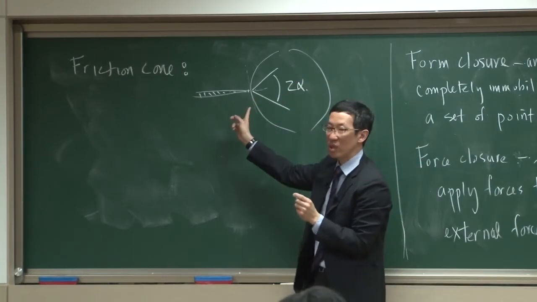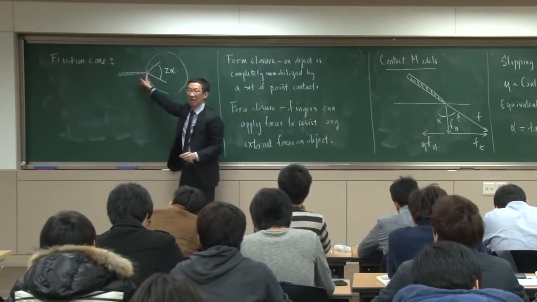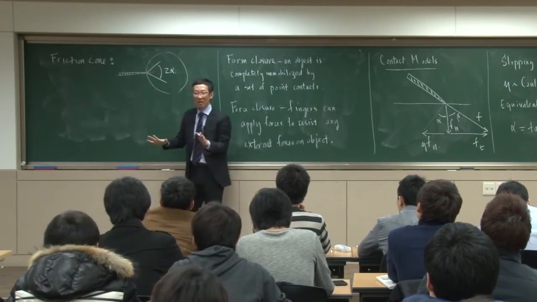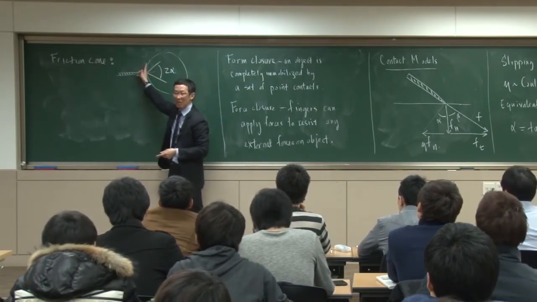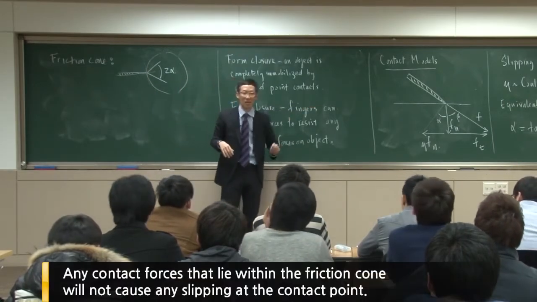Now, if the force being applied at this point is inside the cone, then there's no slip. If the force being applied falls outside the cone, then slipping occurs. That should be clear from this picture.